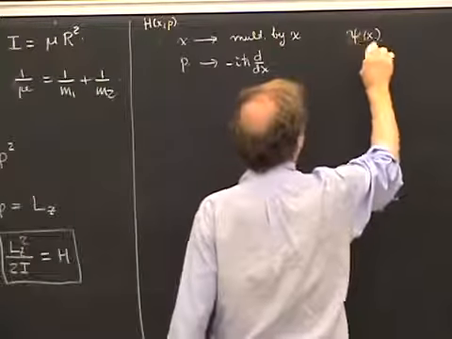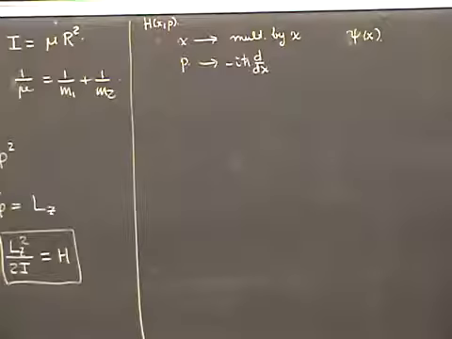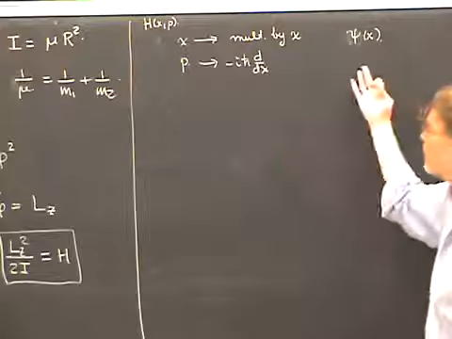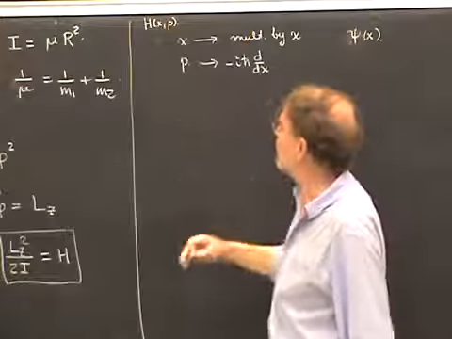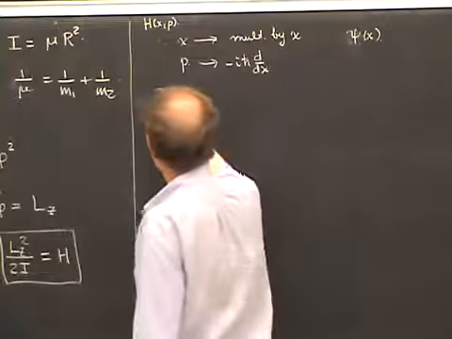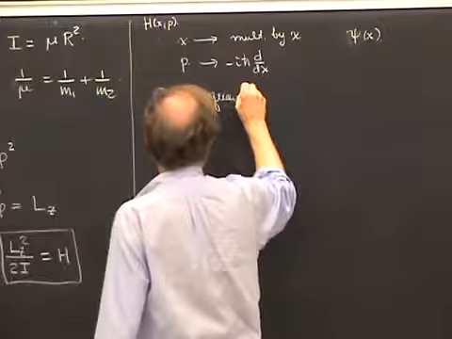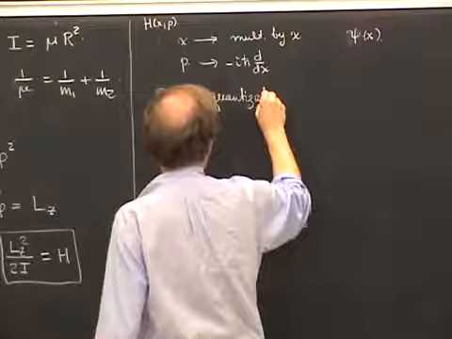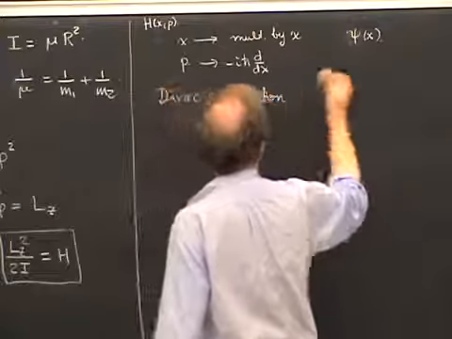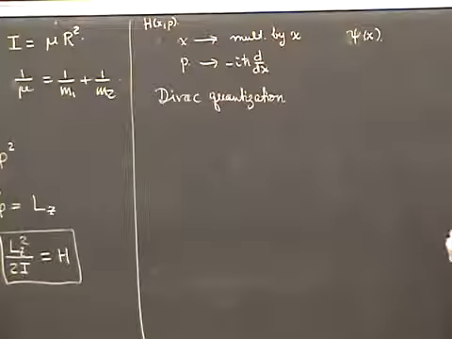So the wave function lives on the configuration space x, and this is a transcription of classical variables into quantum operators, and then the Hamiltonian becomes an operator. This is called Dirac quantization, or the Dirac rules for quantization. It doesn't take you to the ket space, it takes you to the space of wave functions on configuration space.